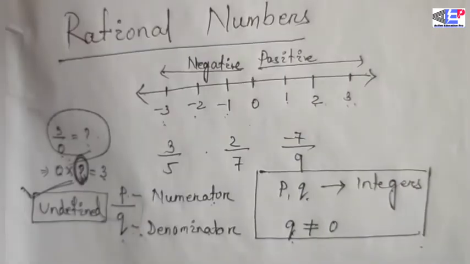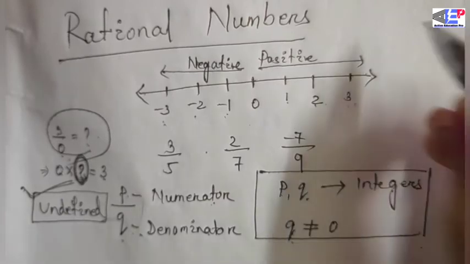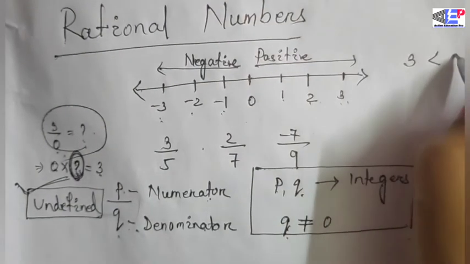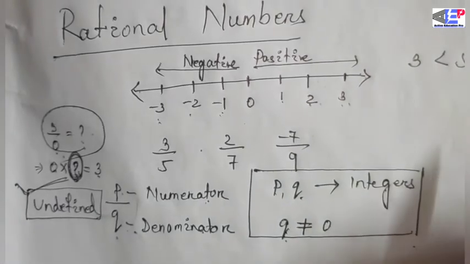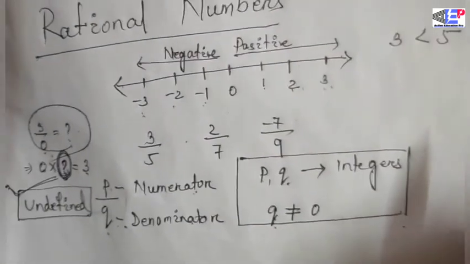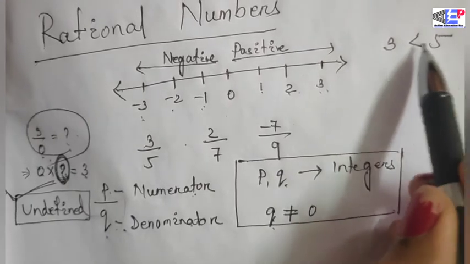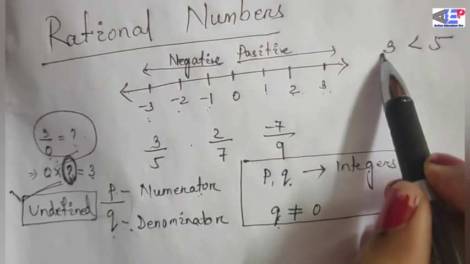Yes, you have many more questions in your mind right now. What is the difference between rational numbers and fractional numbers? How do we compare rational numbers with rational numbers? You compare 3 with 5: 3 is less than 5, or 5 is greater than 3.